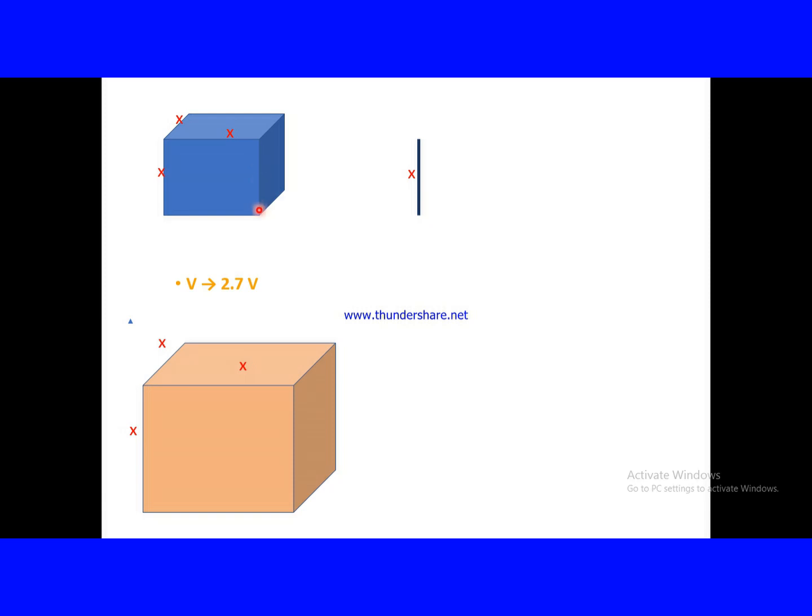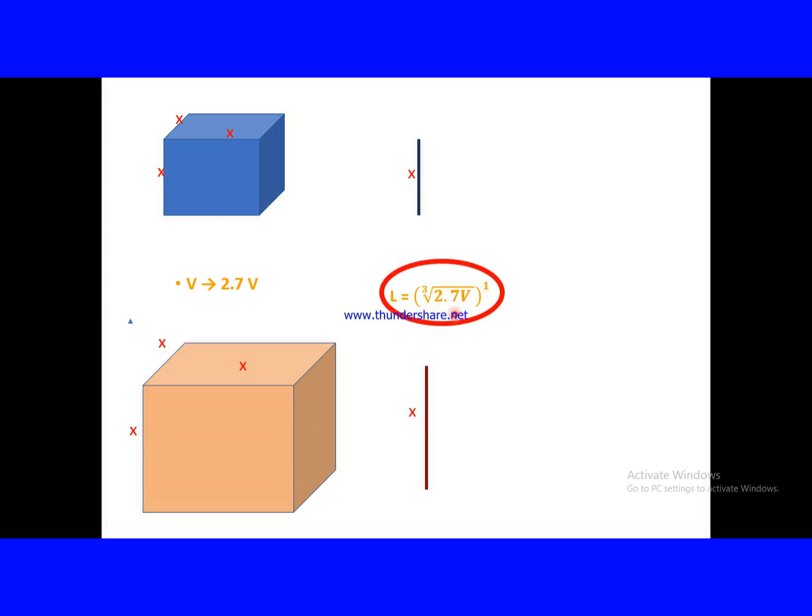How is the one-dimensional edge changed? The length of the edge is x. Now it is this. So what is the length of this? This is the cube root of the volume. The volume of this cube is 2.7V, so the length is the cube root, and I used 1 as the power because it's one dimensional, though it makes no difference.